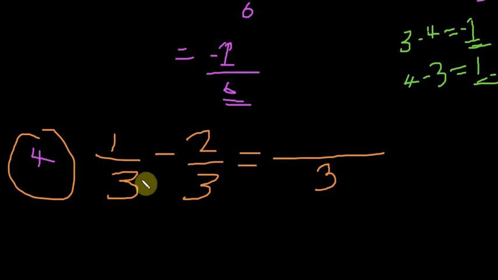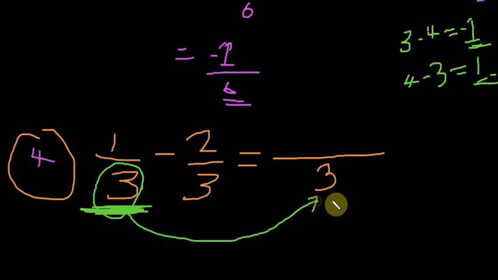So since 3 is divisible by 3, we look at the first fraction. Be careful. Look at the first fraction right here, and we say, how many times does the denominator of the first fraction, which is 3, divide into the lowest common multiple? That simply means we are saying lowest common multiple, which is 3, divided by our denominator, which is 3.